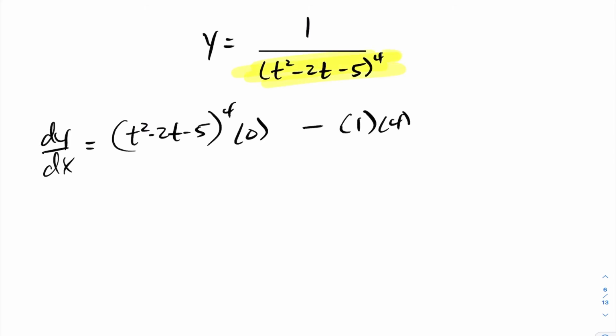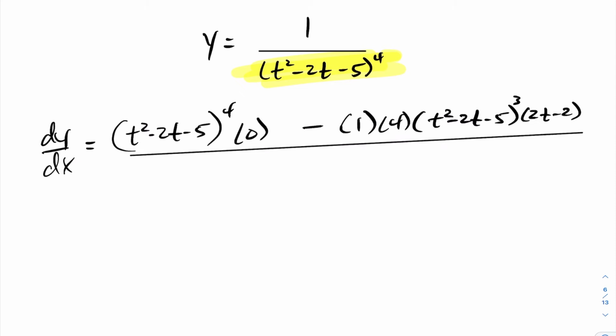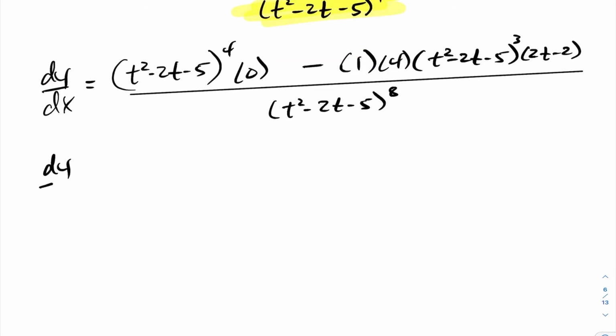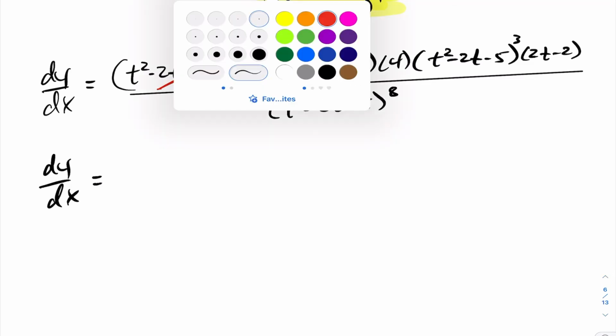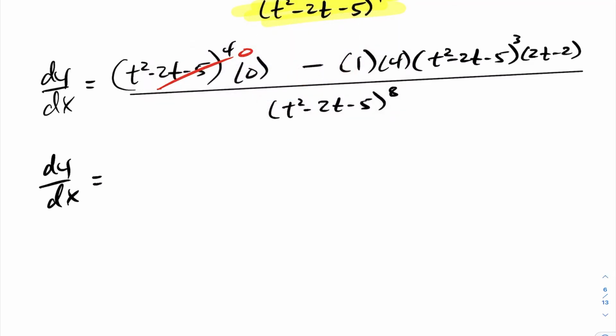I'm going to drop down that 4, take the derivative as if this was just the power rule, make that a 3, and I take the derivative of the inside, which is 2t minus 2, and you divide that entire expression by (t squared minus 2t minus 5) all squared, which gives that to the power of 8. Now we do some simplification. We can see here that this first part just goes to 0, and continuing on, you've got negative 4.